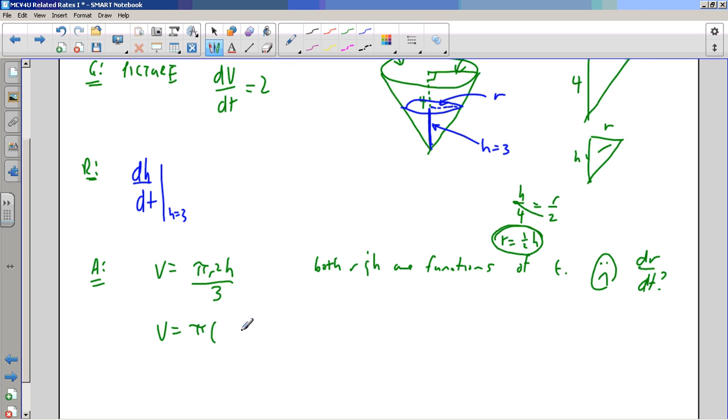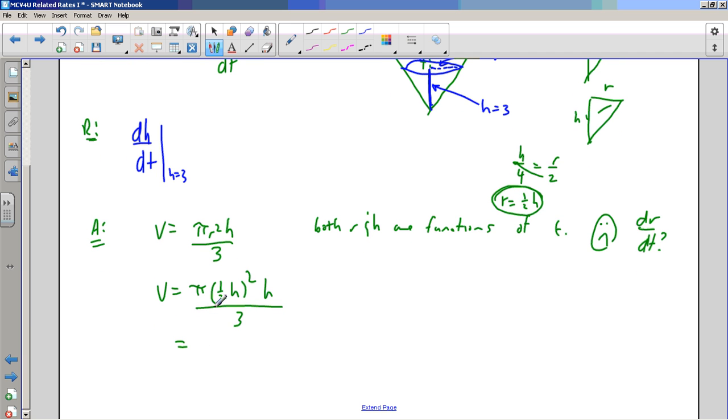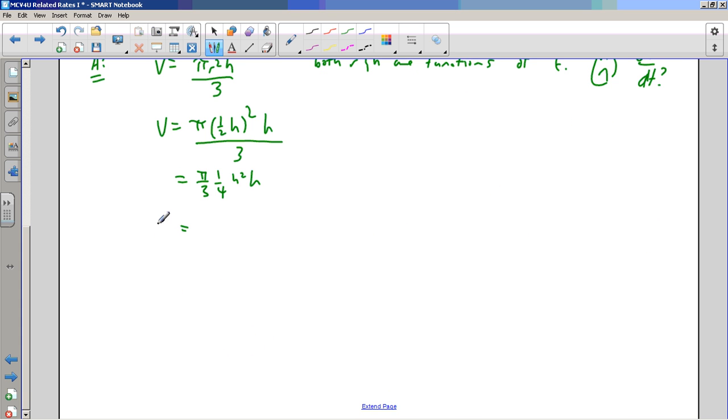I'm going to take out the r and put in 1/2 h. It's a bit of a mess, I realize that, but we can deal with it. I'm going to put the pi over 3 like this. Square the half is a quarter, h squared and h, the volume is actually pi over 12 h cubed.